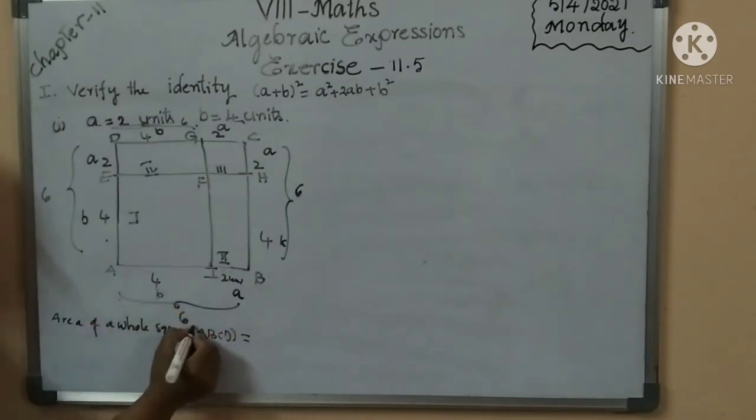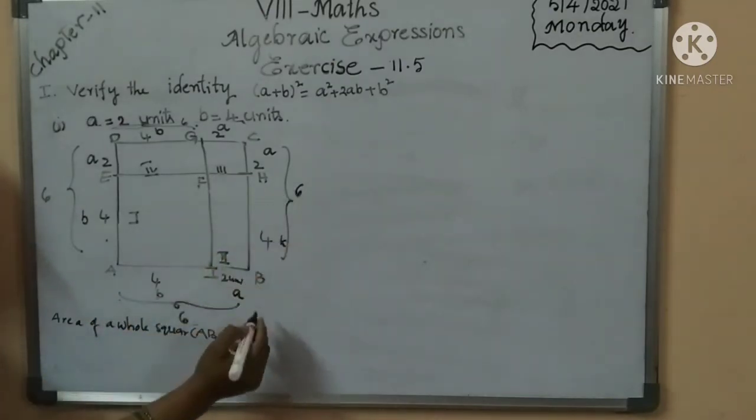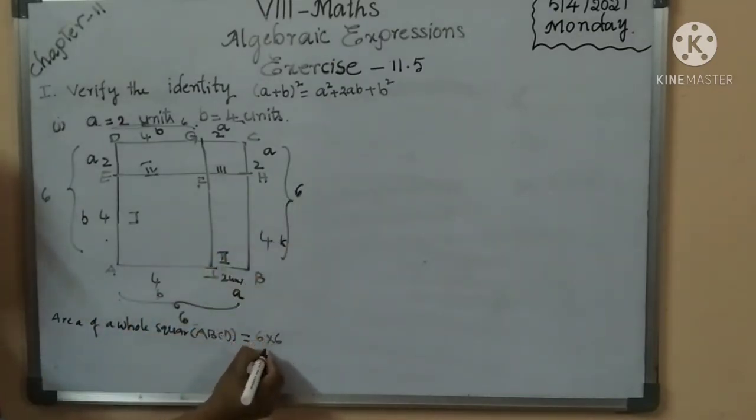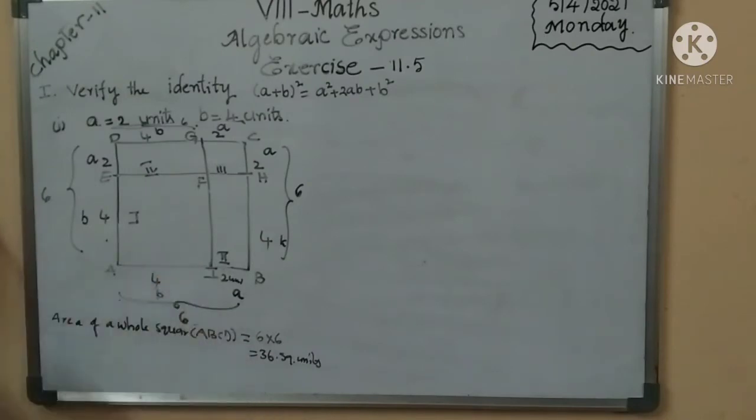The total side is 6 units and the other side is 6 units, so 6 into 6, 36 square units. It is the whole area of the square. Now we will find the remaining 4 regions, starting with the first region.